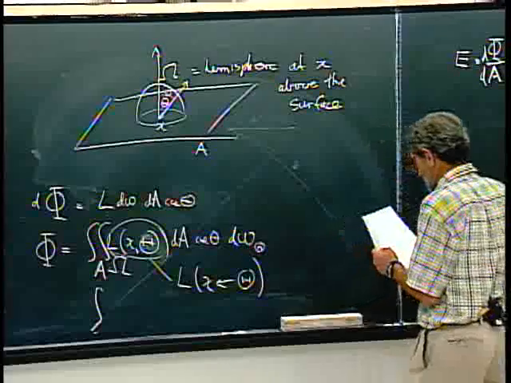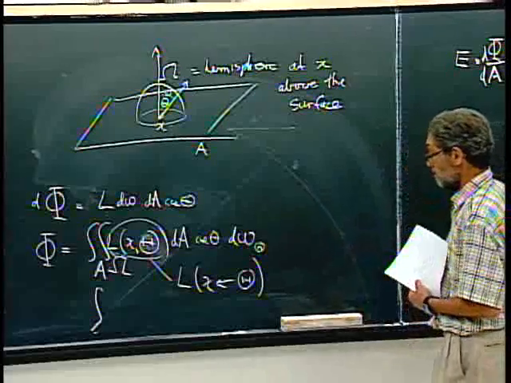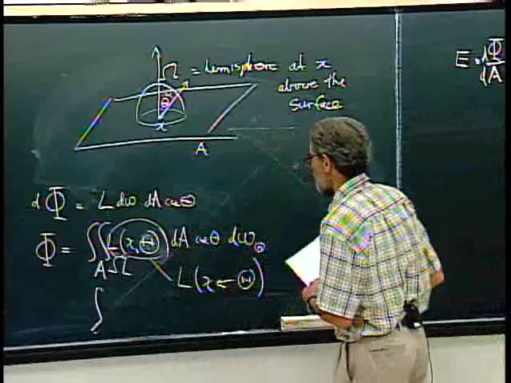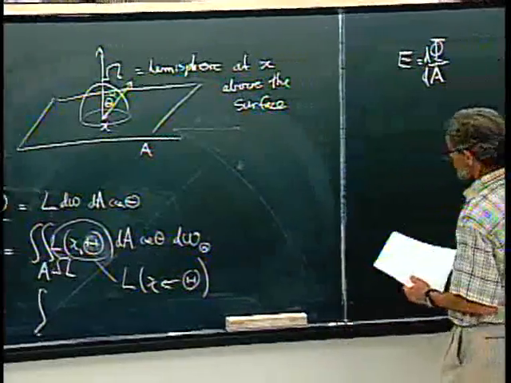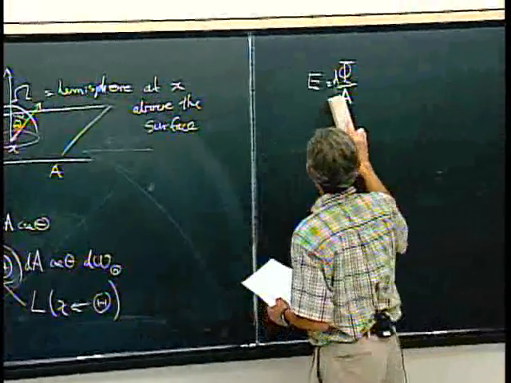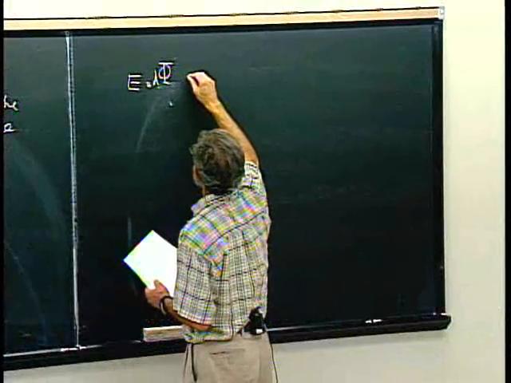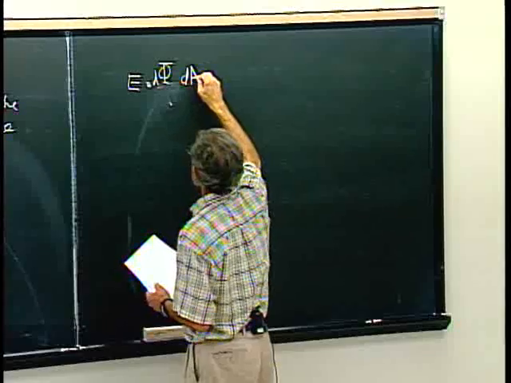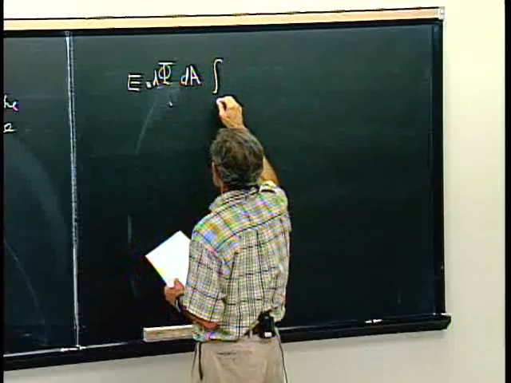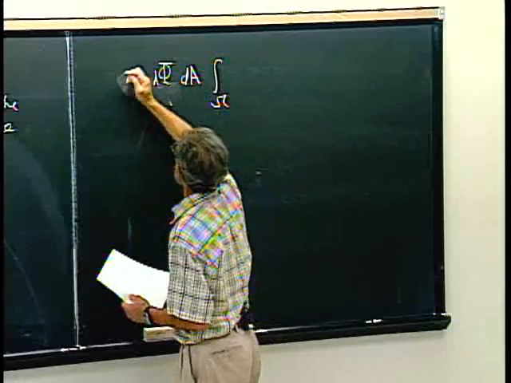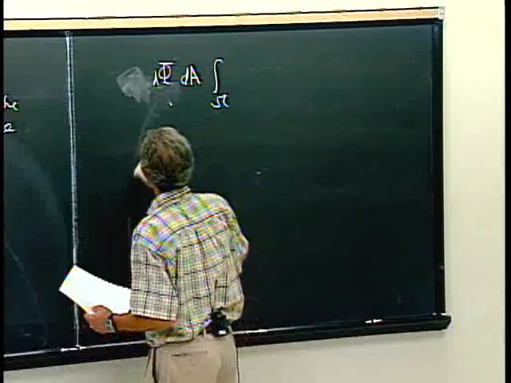Then I can take my integral over area, and if things are constant, this integral over the area will be dA, and I'll just have the integral over the solid angle.